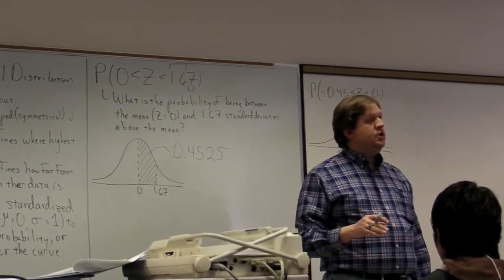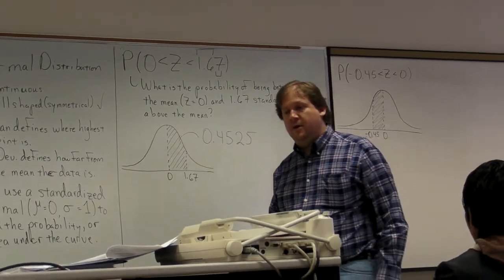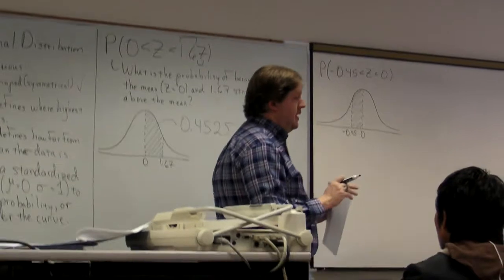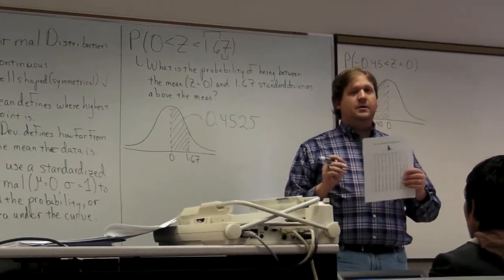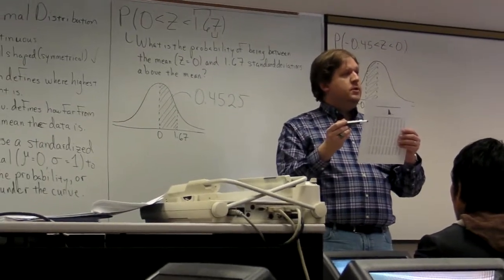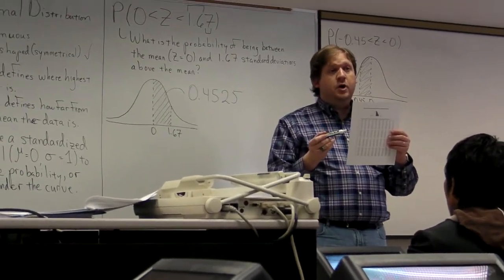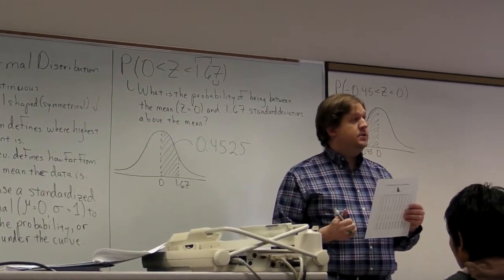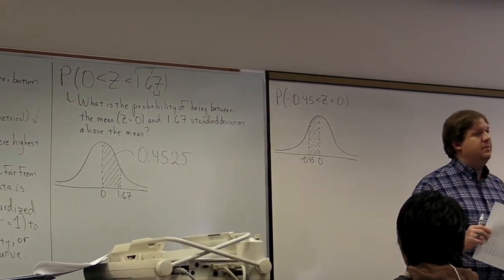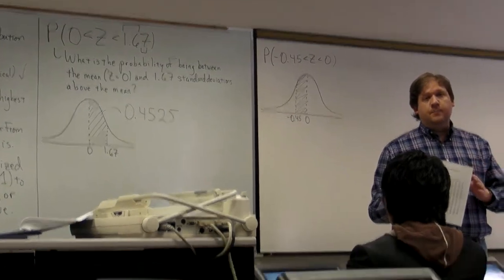So in this case, you actually don't need to do any additional calculations. I heard one person say you should subtract 1. Don't need to do that, although we will be subtracting 1 at another point. But in this case, you just look up 0.45 in the chart, and that's going to be your answer, because the probabilities are exactly the same of being below as being above the mean.